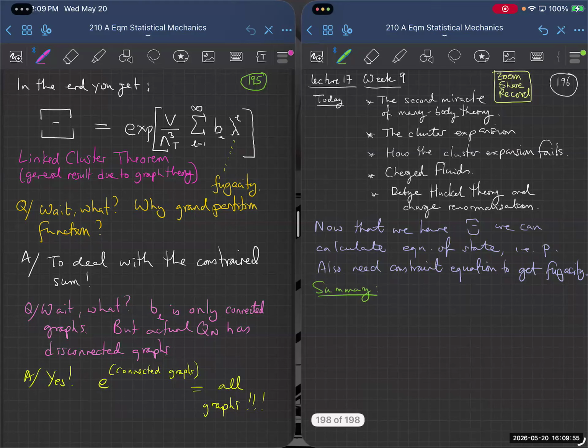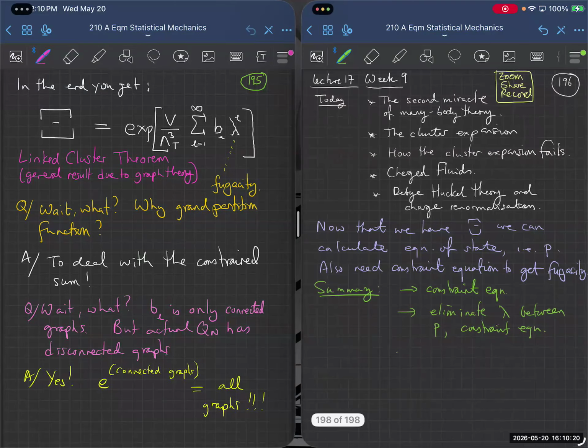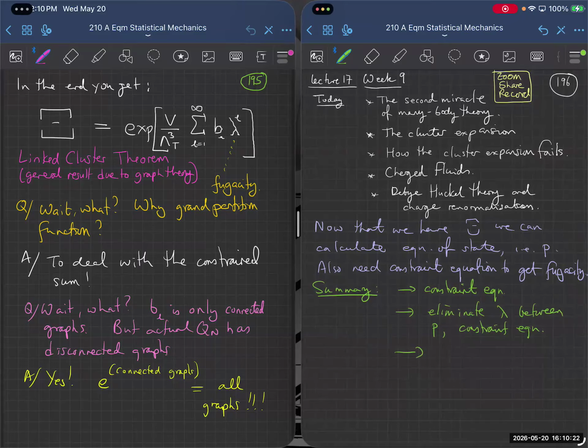We're going to write down the constraint equation, and then we're going to eliminate lambda between the equation of state for P and the constraint equation. And that's going to involve dividing two infinite series.